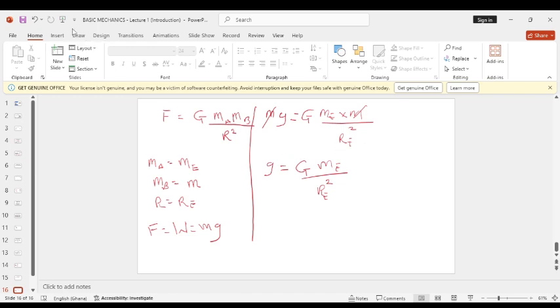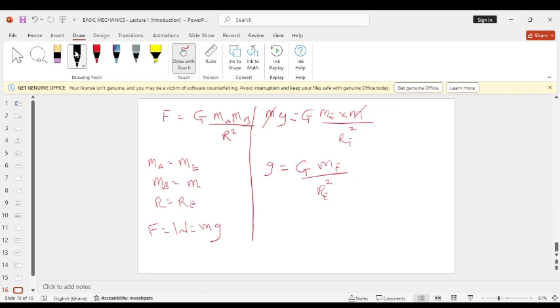This formula describes the relation between the acceleration due to gravity, which is small g, and the gravitational constant, capital G. The gravitational constant has a value of 6.67 times 10 exponent negative 11.